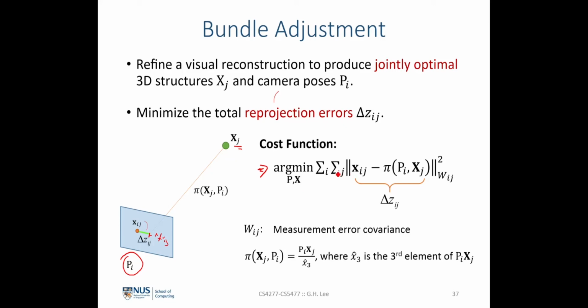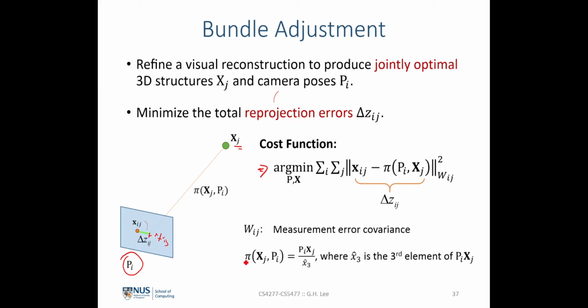And by minimizing the square norm of this reprojection error that is given by xij, which is the 2D point that is observed in the image, minus the corresponding 3D points that are reprojected onto the image over here.